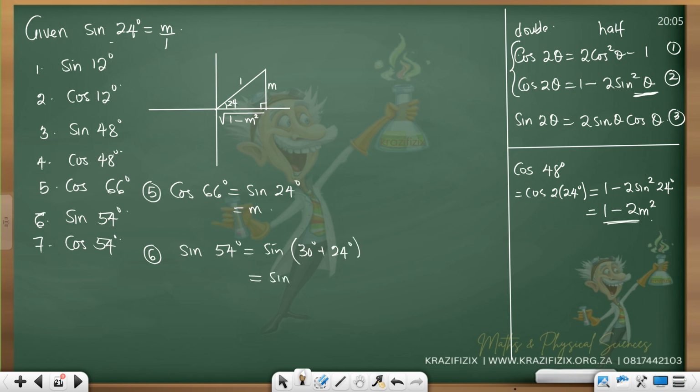So I'm going to use my compound angle. Sine 30 cos 24 plus cos 30 sine 24. And what is sine 30? Half. Cos 24, we did all of this earlier on. Cos 30, root 3 over 2, and sine 24 is m. Leave your answer like that. They are not like terms, please.